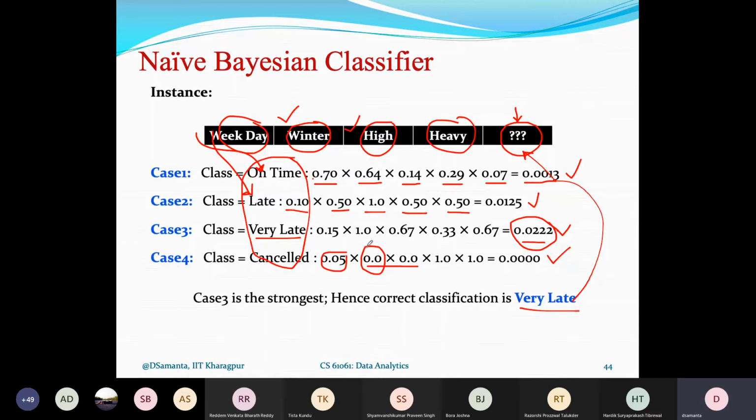That means we didn't collect any data when the fog is high. The day is weekday and it belongs to the class cancel, and the season is winter. So there is no data belonging to day weekday and season winter for the class cancelled.